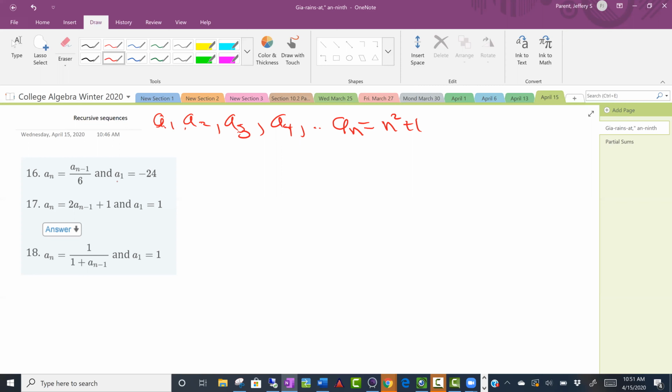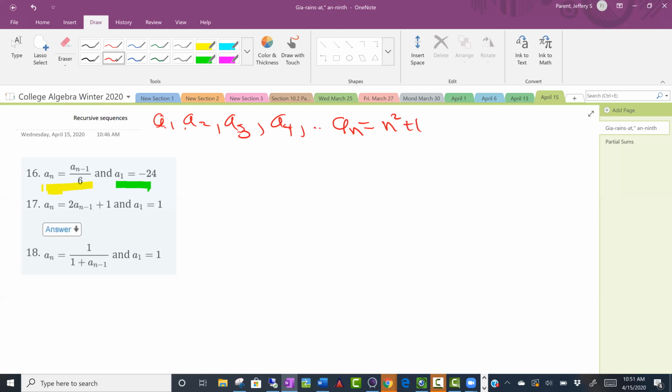So let's take a look at problem number 16 here. This is my general form of the terms in this sequence. It's going to start out with a sub n equals a sub n minus 1 divided by 6. And then it also tells us what a sub 1 is. So that's all you need to get started with a recursive sequence.